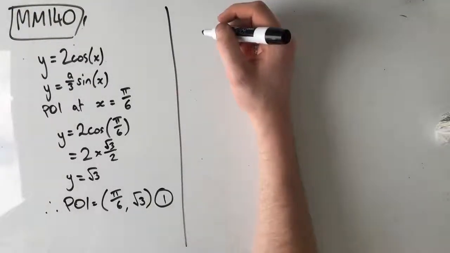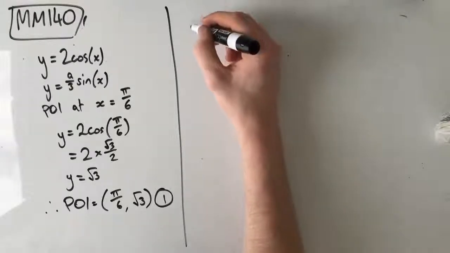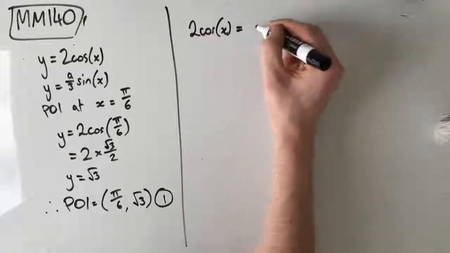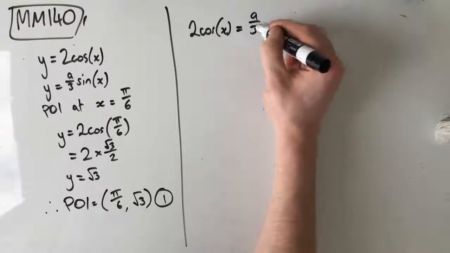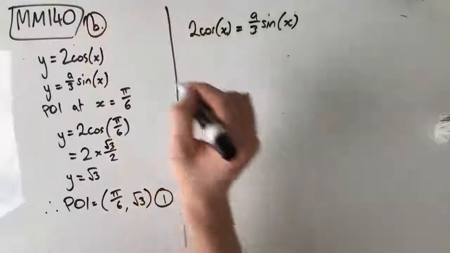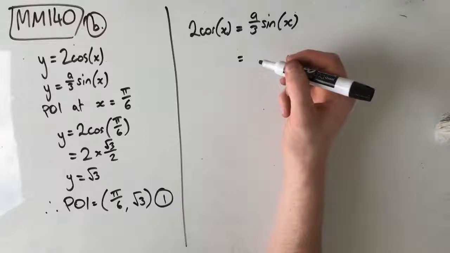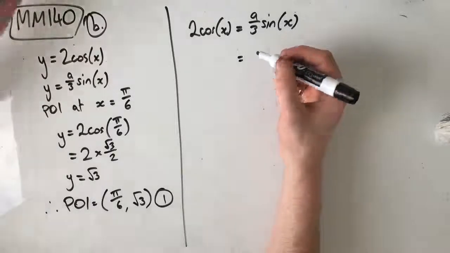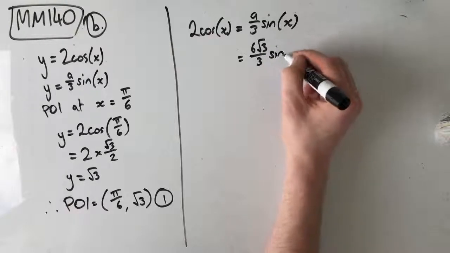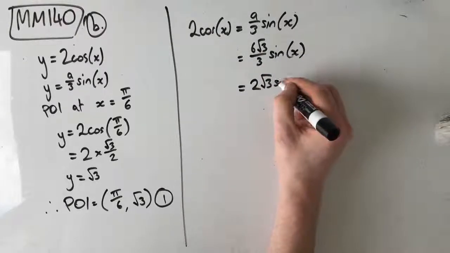So now we need to work out the x value of the other point of intersection. To find the point of intersection, we let them equal each other: 2 cos x equals a over 3 sin x, and because of our part A, we know that a is equal to 6 root 3. So 6 root 3 over 3 sin x, which is equal to 2 root 3 sin x.